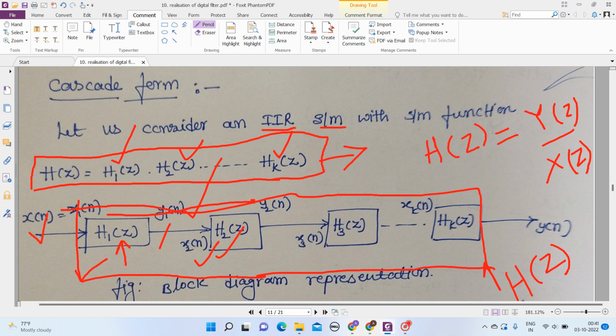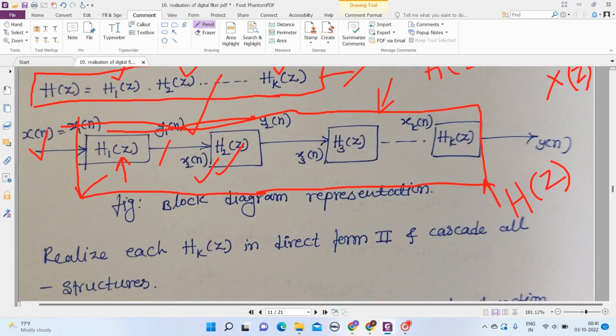The process goes like this, and at the end I get the output y(n) at the last transfer function Hk(z). This is the block diagram representation of cascade form.